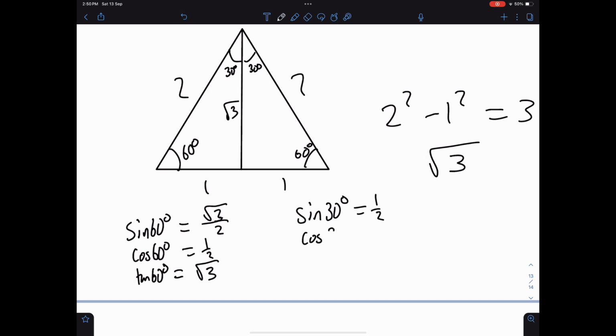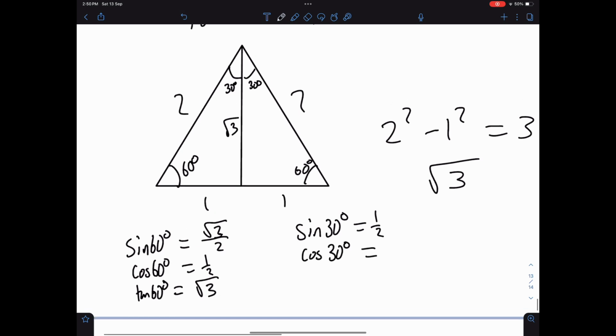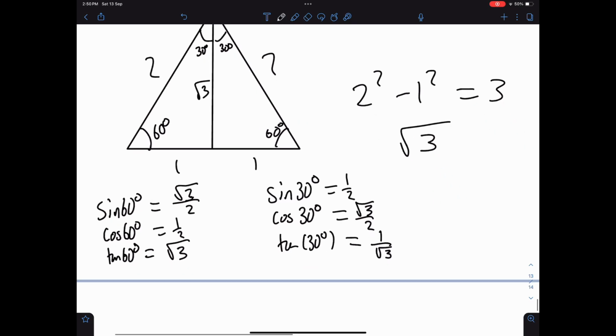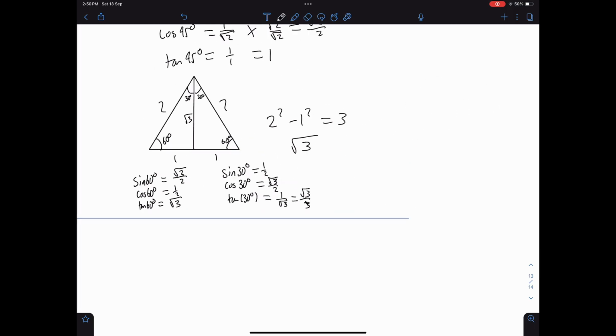Cos of 30 degrees, adjacent's this one, so it's root 3 over 2, and then tan of 30 degrees equals the opposite over the adjacent, so it's 1 over root 3, which is equal to root 3 over 3, if you rationalise the denominator. So those are some exact values for that.